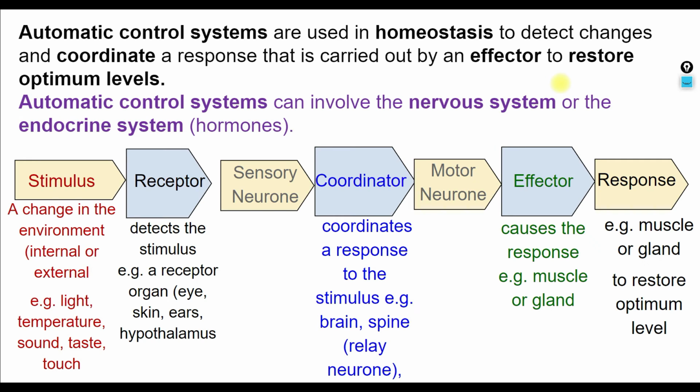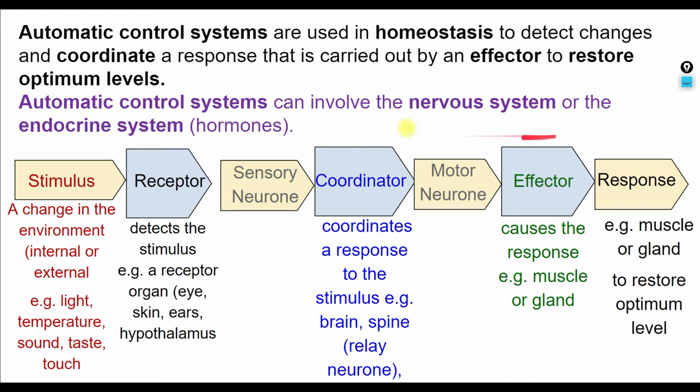So this next slide is just the same. It's just recapping those elements of an automatic control system. Now, in this example, we've got an automatic control system that involves the nervous system. And that's because this pack is about the nervous system. The next pack, we could have an automatic control system using hormones.